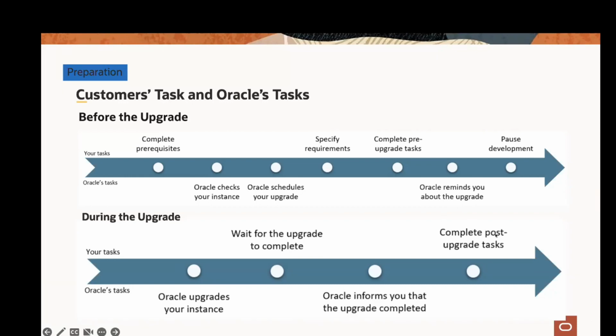And then when the upgrade is complete, you log in and make sure everything is running smoothly. On the Oracle side, we upgrade the instances. We perform testing when the instances are upgraded, and we will send you a notification that, hey, the upgrade has been successfully completed and everything's good to go. So that is a snapshot of what you will experience from the beginning to the end.